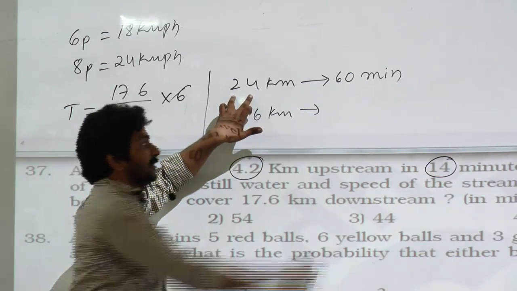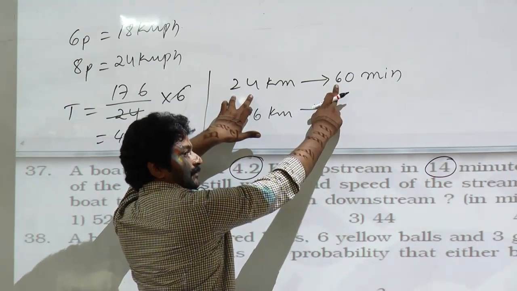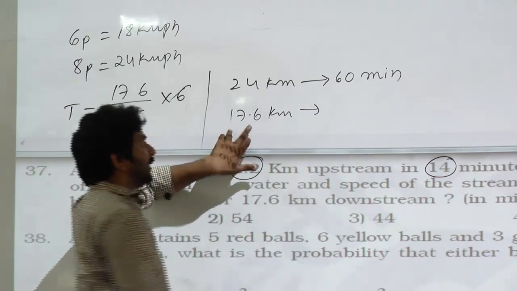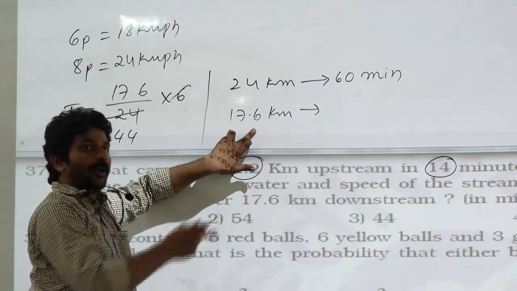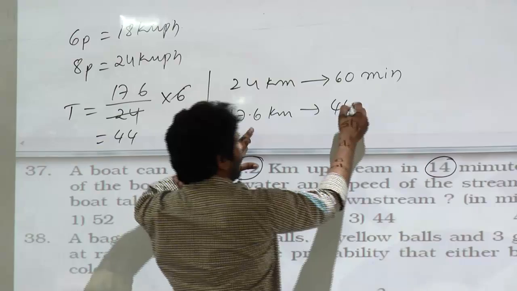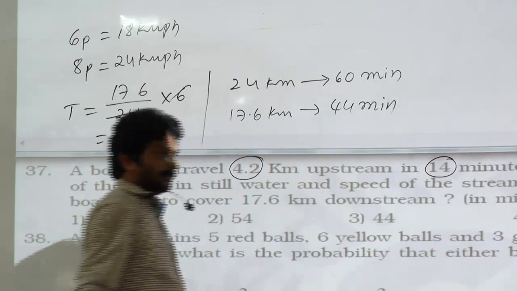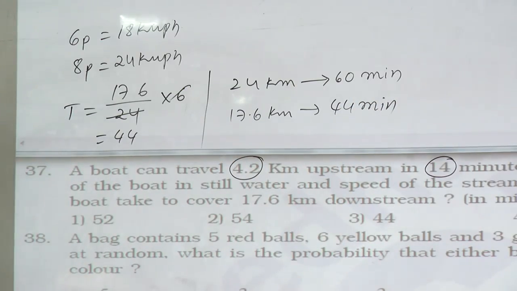Divided by 4, into 10. 4.4 into 10, 44 minutes. Because distance and time both are directly proportional. If you increase the distance, time also increases.